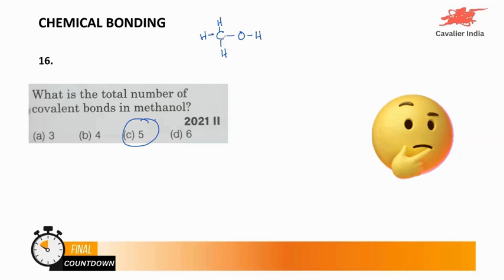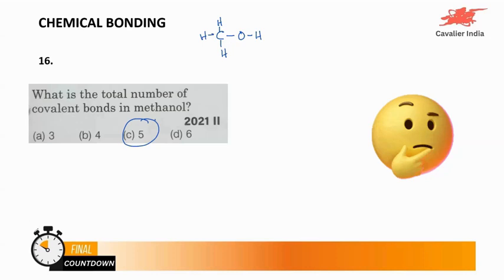You should know the structure of methanol, then only you can easily find the number of covalent bonds. Here the total number is equal to 5. So right answer. Clear everyone?